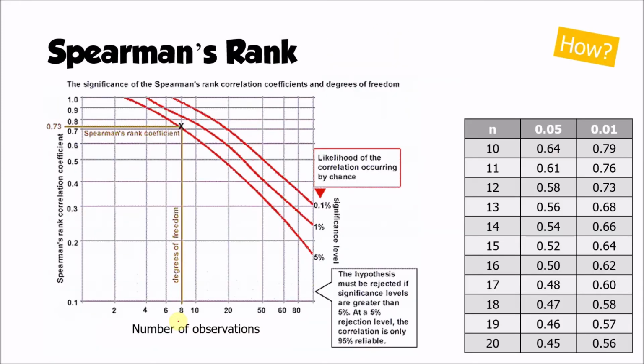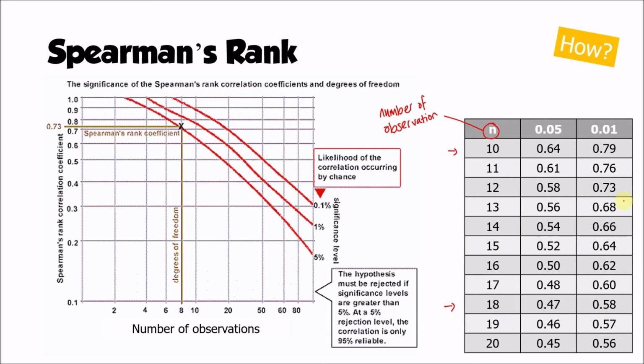So here's an example on the right hand side of that table that I was just talking about. In this case, n represents the number of observations. So if you went to 10 sites along a river, you'd be looking at this row here. If you went to 18 sites along a river, you'd be looking at this row here.